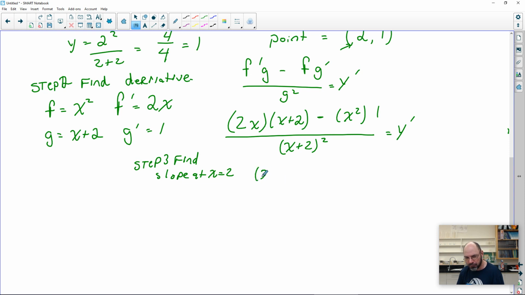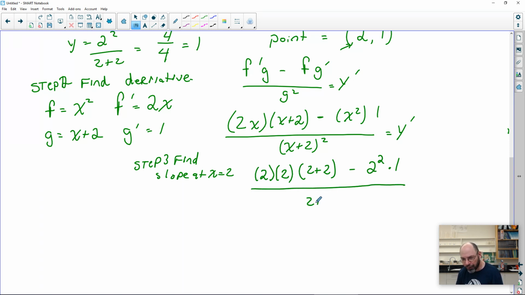So we've got 2 times 2 times 2 plus 2, that's all of that, minus 2 squared times 1. Everything is going to be divided by 2 plus 2 squared.